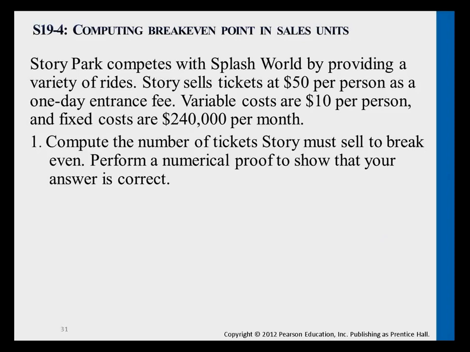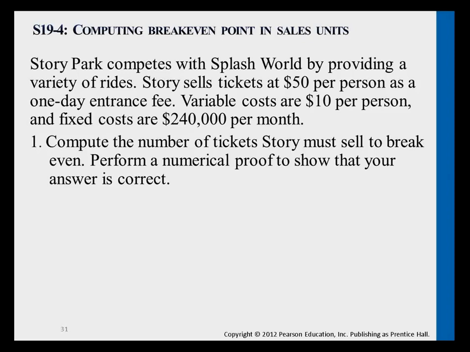Okay, so Story Park competes with Splash World by providing a variety of rides. Story sells tickets at $50 per person as a one-day entrance fee. Variable cost is $10 per person and fixed cost is $240,000 per month. So let's see how many tickets Story must sell to break even.